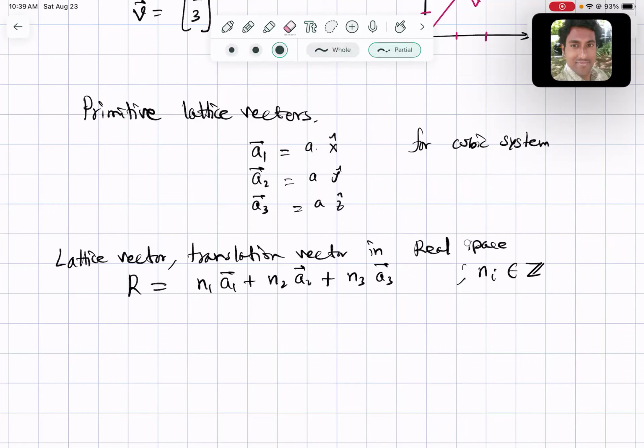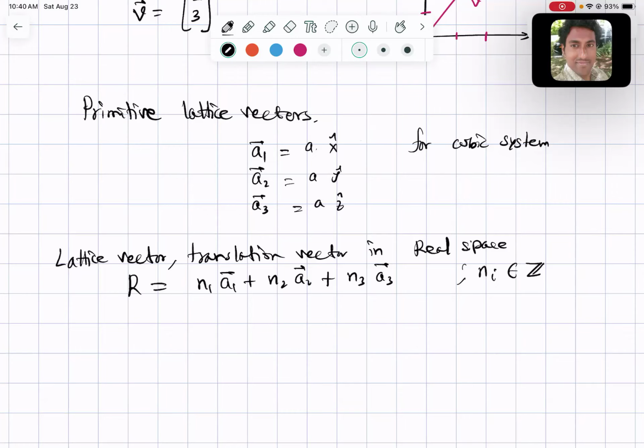What do I mean by real space? It means A1, A2, A3 have the units of Angstrom or meters in SI unit, meaning their displacement or distance is in real units of distance. So that's why they're called in real space.